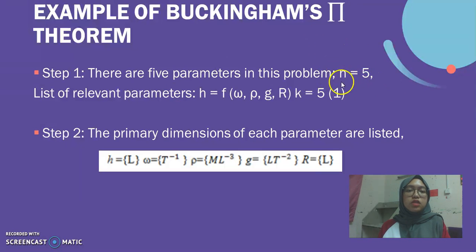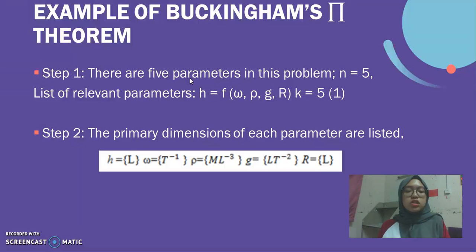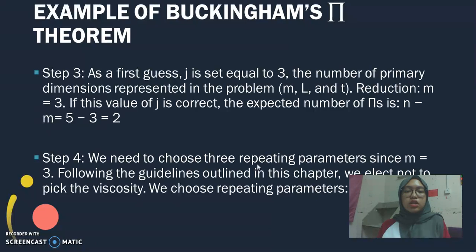Then we're going to minus m. m is the number of dimensions in this problem. The dimensions that we listed out earlier are M, L, and T. So that's 3 dimensions. So n minus m, 5 minus 3, and we'll get 2 pi's.